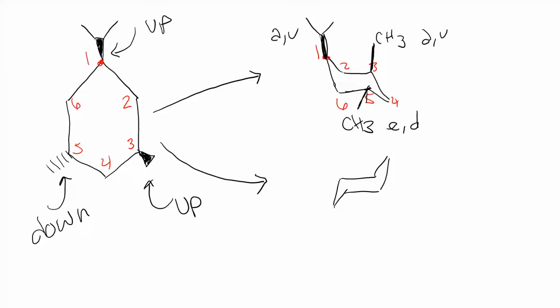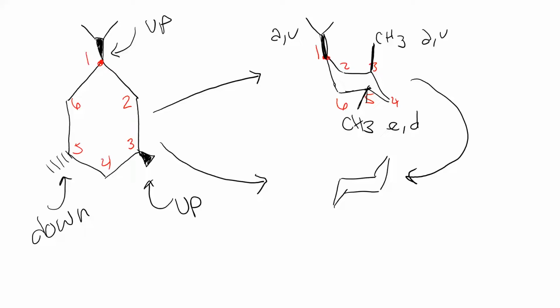Now, when you go through a ring flip, you will see that each of the up and down stays the same. So up still is up. I can't change that these are up and down because that would change the stereochemistry. Down still is down.